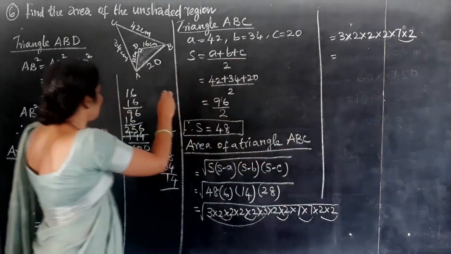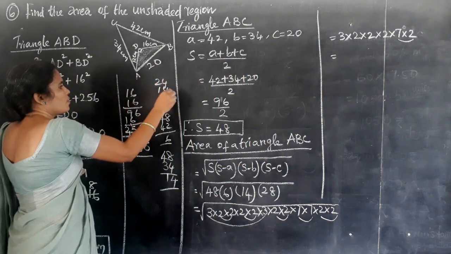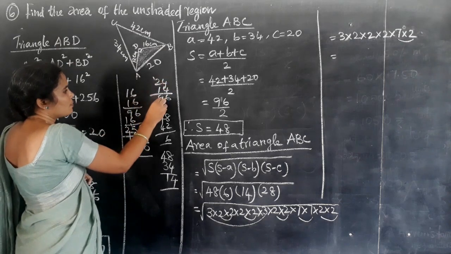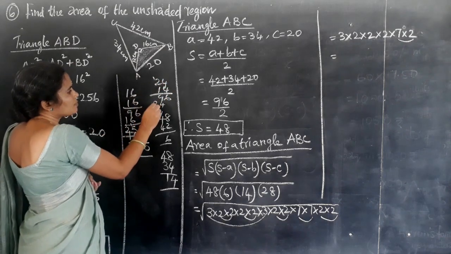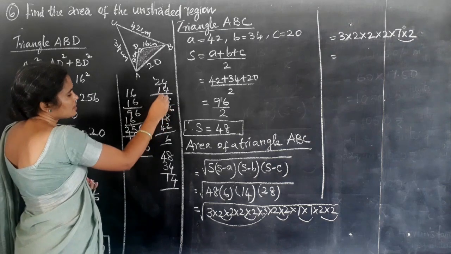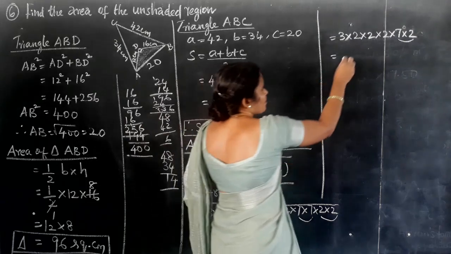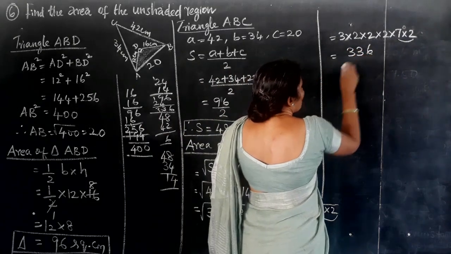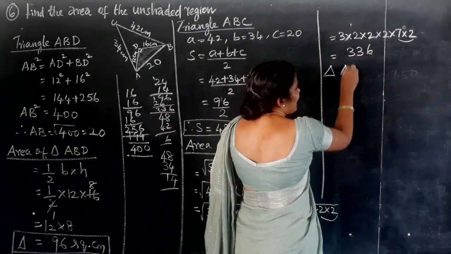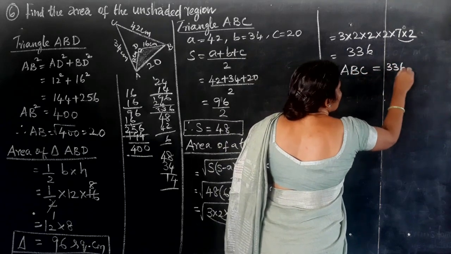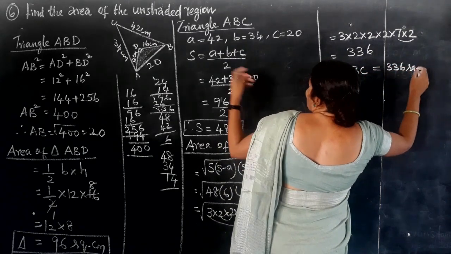So 336. Therefore the area of triangle ABC is equal to 336 square centimeter.